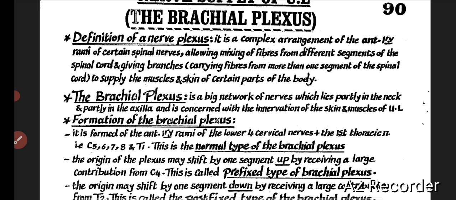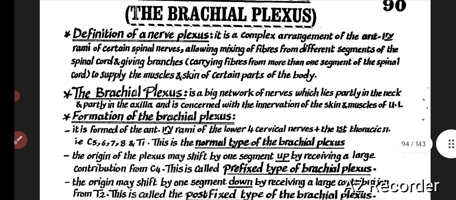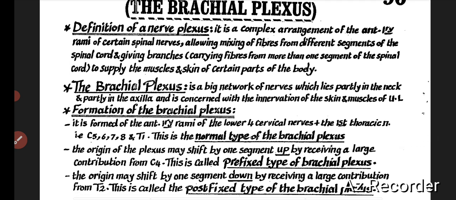It is a complex arrangement of the anterior rami of certain spinal nerves, allowing mixing of fibers from different segments of the spinal cord and giving branches carrying fibers from more than one segment of the spinal cord to supply the muscles and skin.